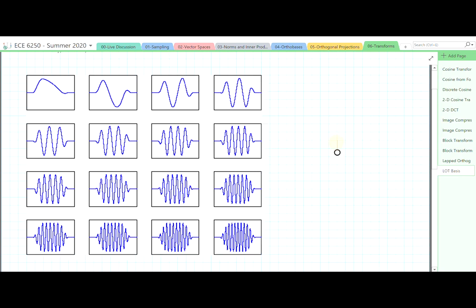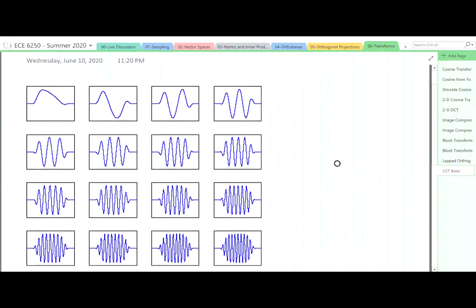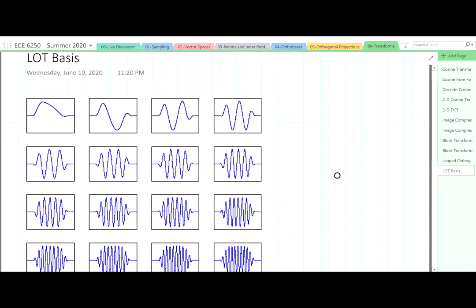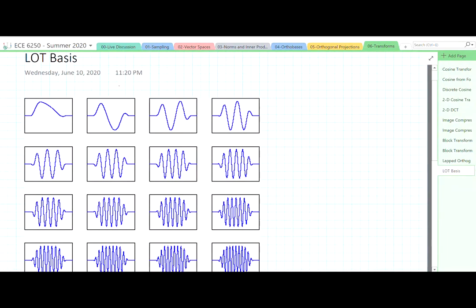Okay, so the LOT basis functions look like this. They tend to have a sinusoidal shape, but you can see the effect of the window, how they taper down to 0.